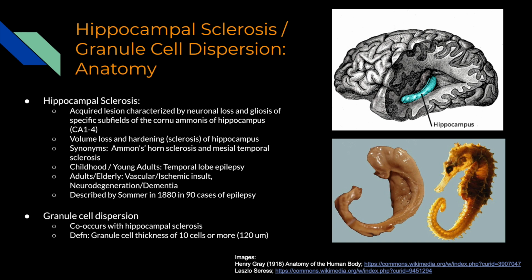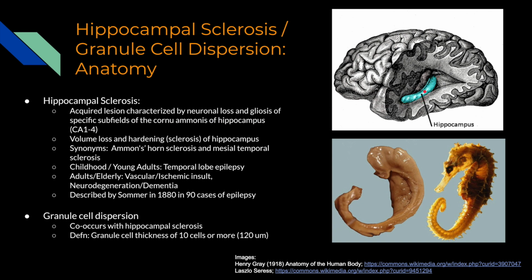Firstly, hippocampal sclerosis is an acquired lesion characterized by neuronal loss and gliosis, and affects the subfields of the cornu ammonis of the hippocampus. And these are really abbreviated as CA1 to 4. So here's the hippocampus here. It's part of the limbic system.